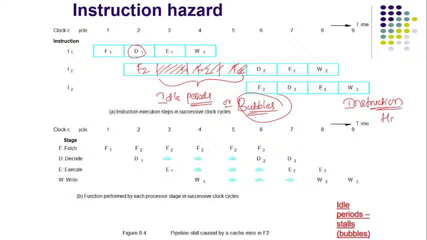In instruction hazard, if the instruction is not available and it creates a stall, that is called idle period or bubbles.